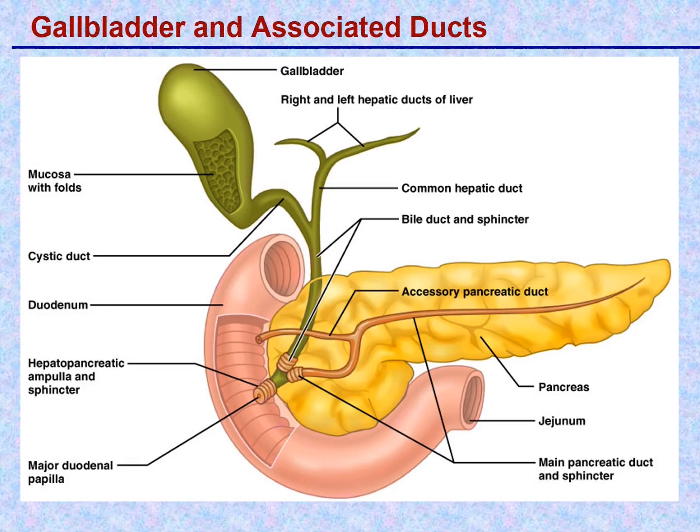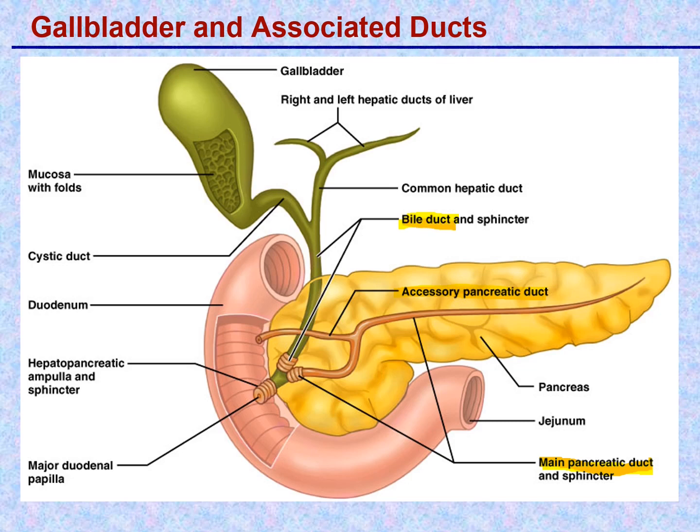Okay, now here, this is a diagram that just shows the bile duct, okay? And it also shows the main pancreatic duct. There is an accessory pancreatic duct, but there is also the main pancreatic duct and the bile duct.